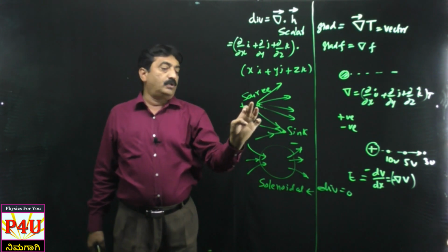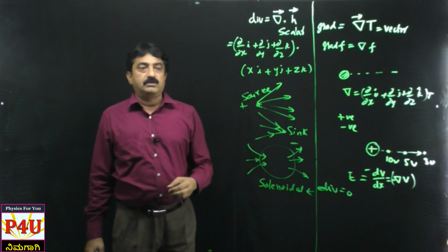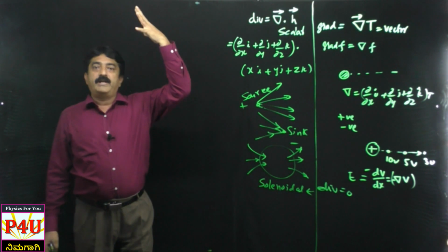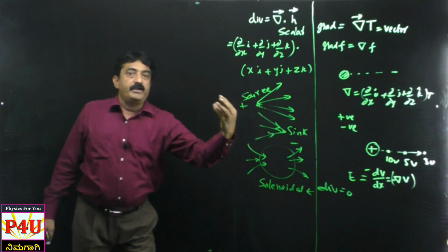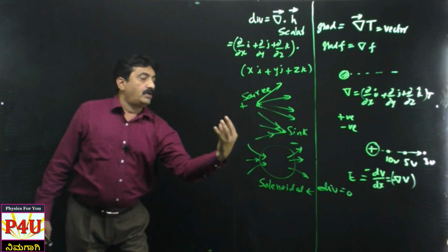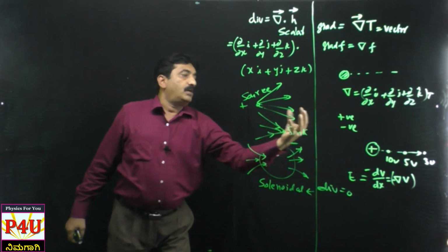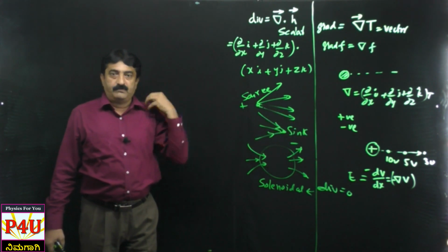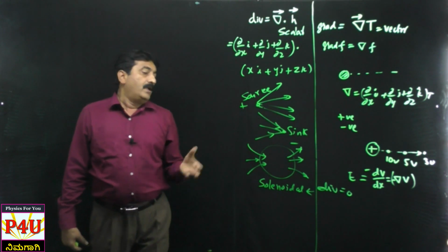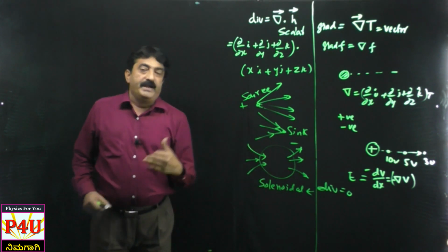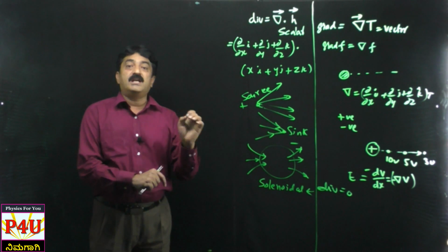Divergence can be positive, negative, or zero. Divergence means the flux is coming from the point, so that point is a source, like water coming out of a point, or field coming out of a positive charge. And if the total flux is zero, it is called solenoidal or incompressible.